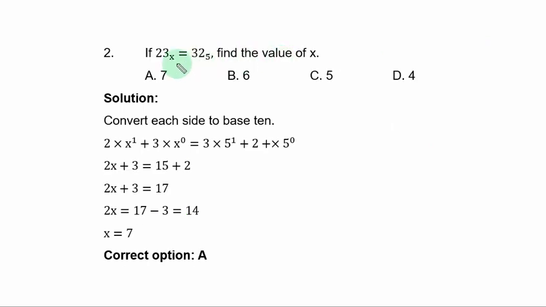Question 2. If 23 base s is equal to 32 base 5, find the value of s. Here you simply convert each side to base 10.